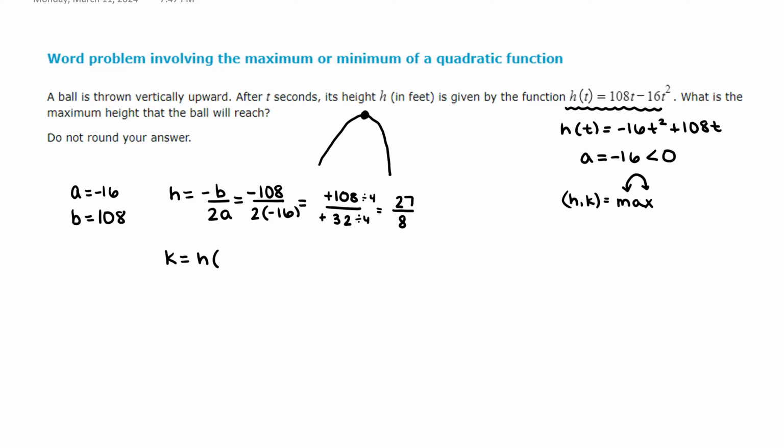And k is whatever you get when you plug that in. So h of 27 over 8. So I need to do negative 16 times (27 over 8) squared plus 108 times 27 over 8. Now let's see. So this is going to make negative 16 times 27 squared.